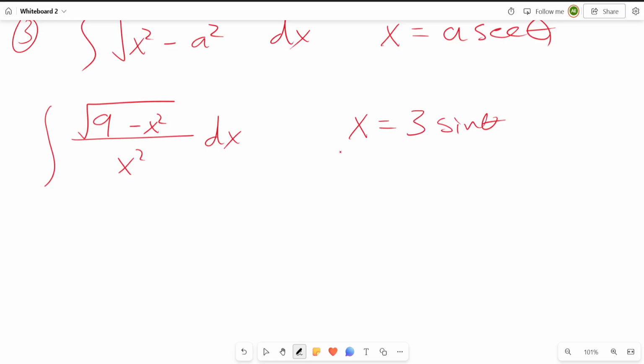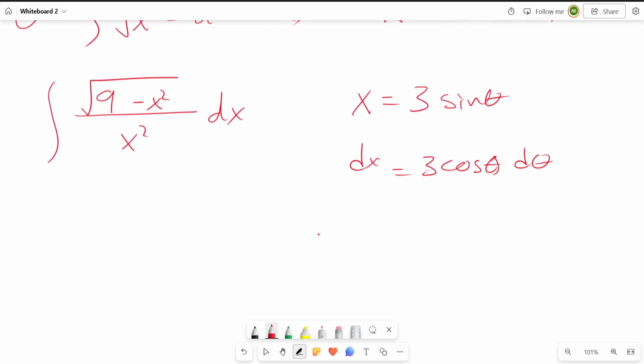Second step is we should differentiate this. Let's differentiate dx by d theta. The differentiation of sine is cosine theta. I can multiply both sides by d theta, so dx is 3 cosine theta d theta.